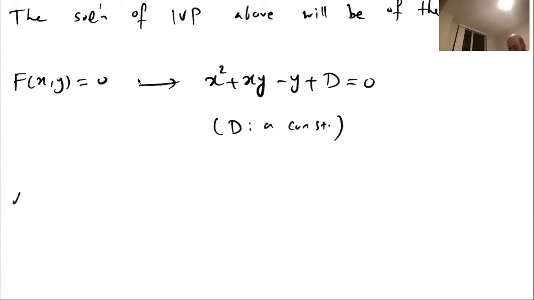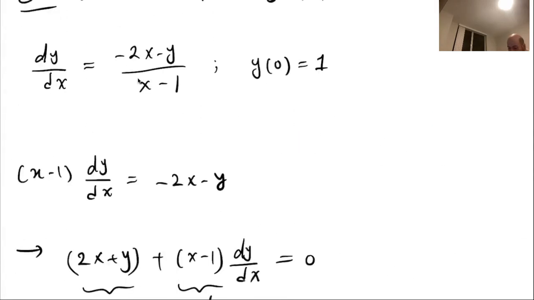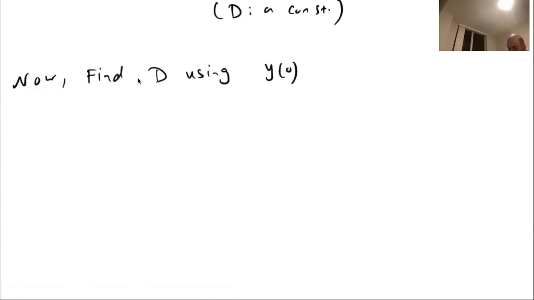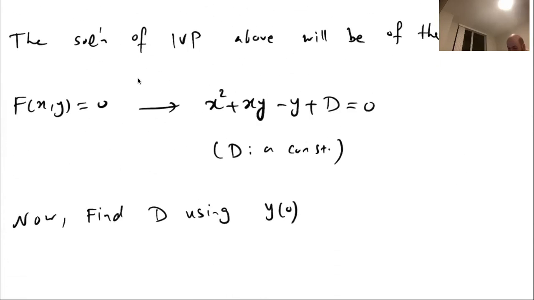And now we can find d using the initial condition, like the previous example. Now find d using y of 0. y of 0 is 1.